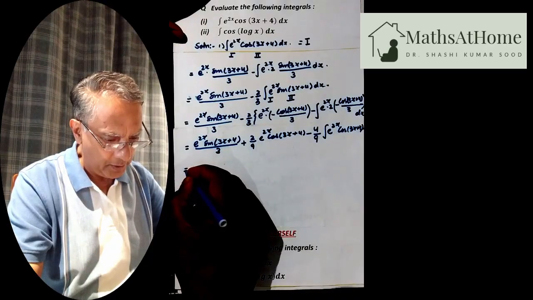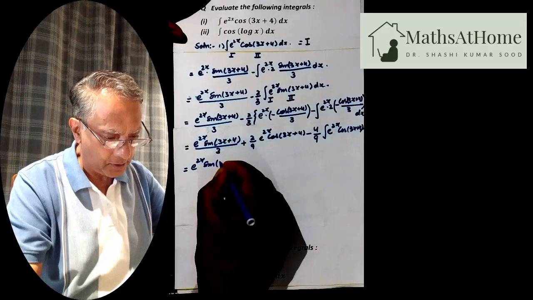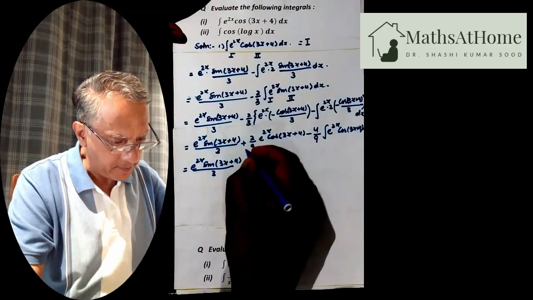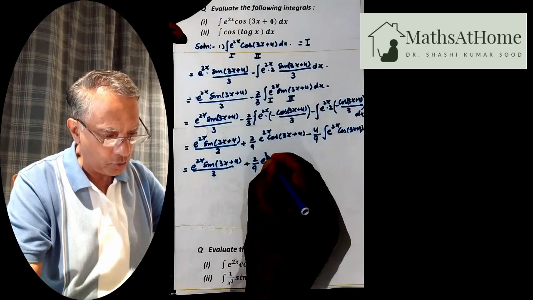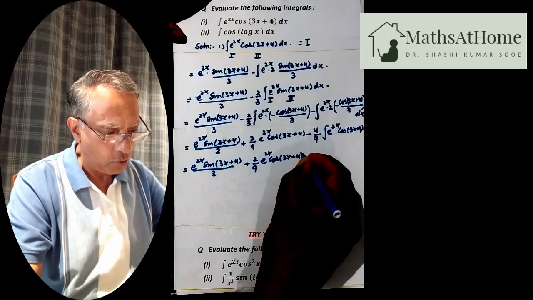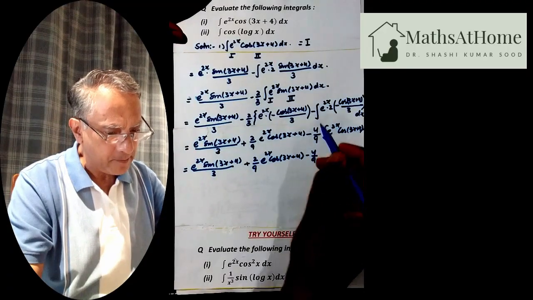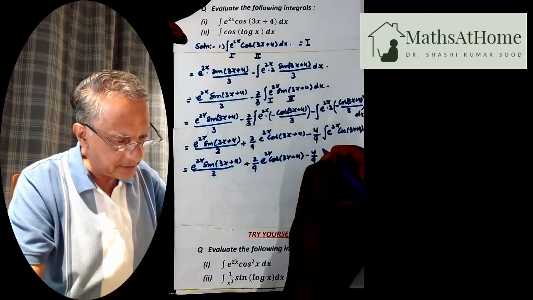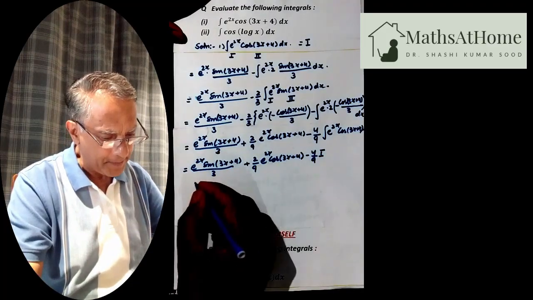And this is equal to e to the power of 2x sin(3x + 4) by 3 plus 2 by 9 e to the power of 2x cos(3x + 4) minus 4 by 9, and this is e to the power of 2x cos(3x + 4), that is I. Now take this to the side.